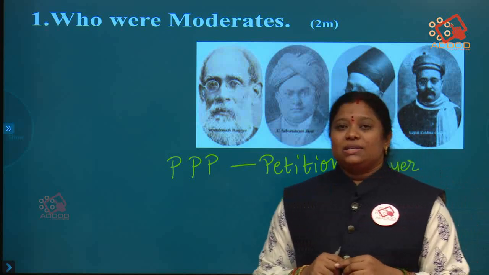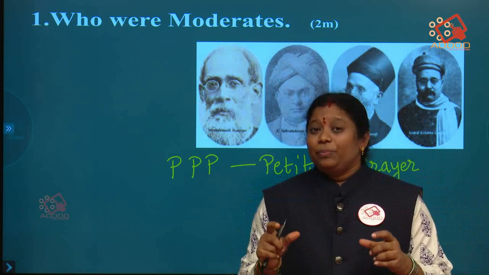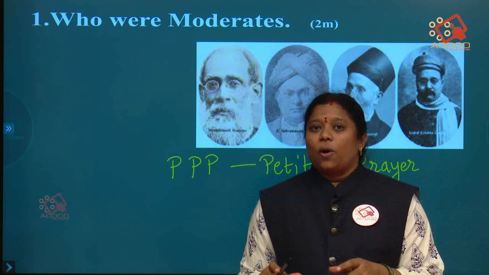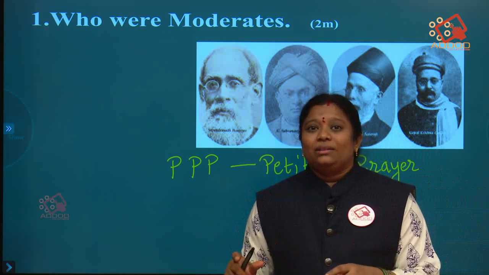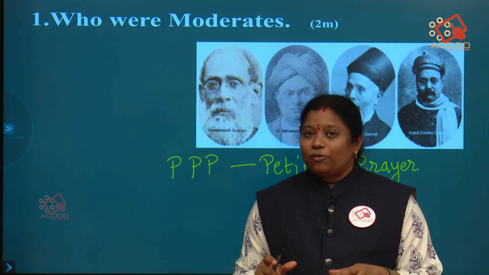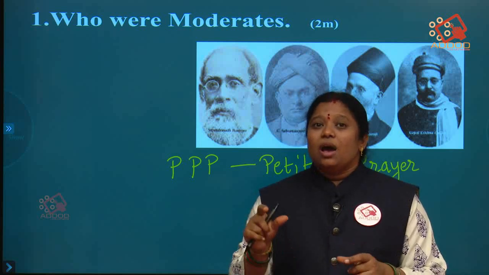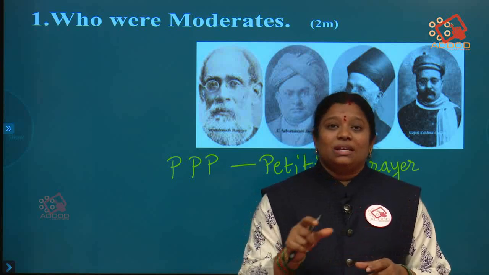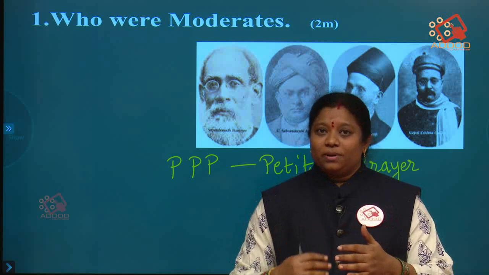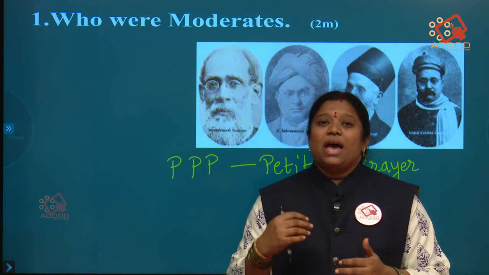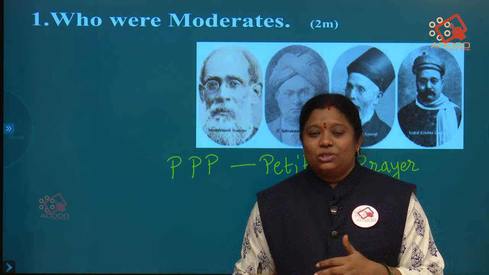Dadabhai Naoroji wrote many books. In his books he raised a topic, that is the drain of wealth theory. According to this theory, he mentioned how Indian wealth was taken away by the Britishers in the form of raw materials, as well as finished goods brought to India.